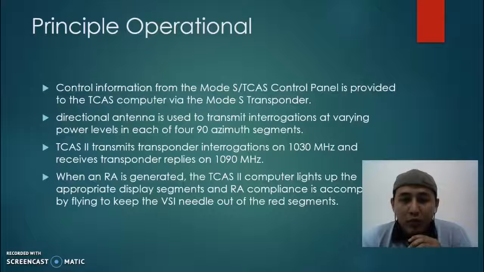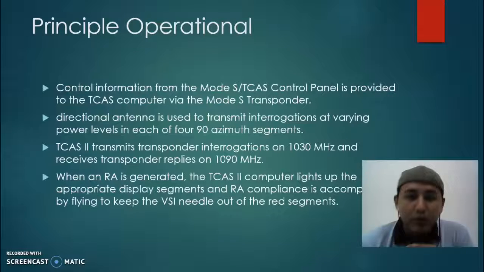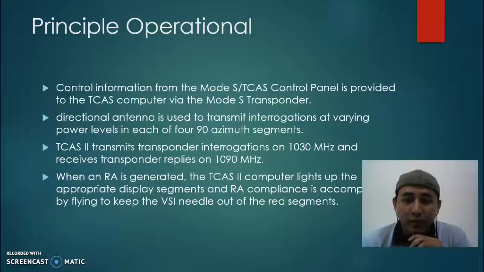TCAS 2 uses a directional antenna mounted on top of the aircraft, in addition to receiving range and altitude data on target above the aircraft. This directional antenna is used to transmit interrogation at varying power levels in each 45-degree azimuth segment.